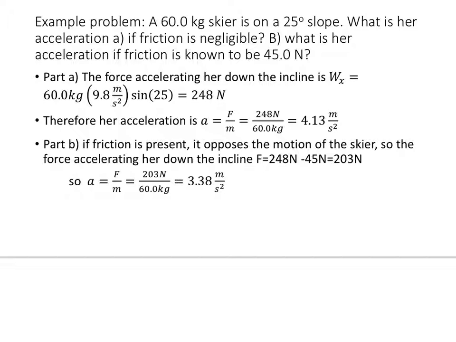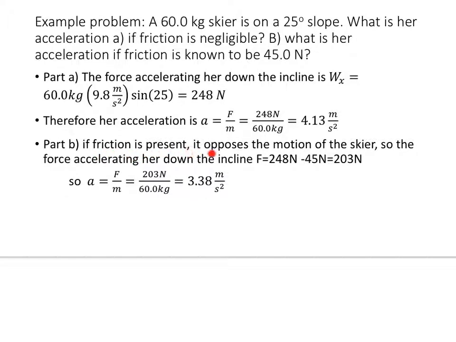First thing we need to do is to determine Wx, because that's the force tending to accelerate her down the incline. So that's mg sine 25 degrees, and if you work through those values, that comes out to be 248 newtons. And so now her acceleration is that force divided by her mass, which is 4.13 meters per second squared.